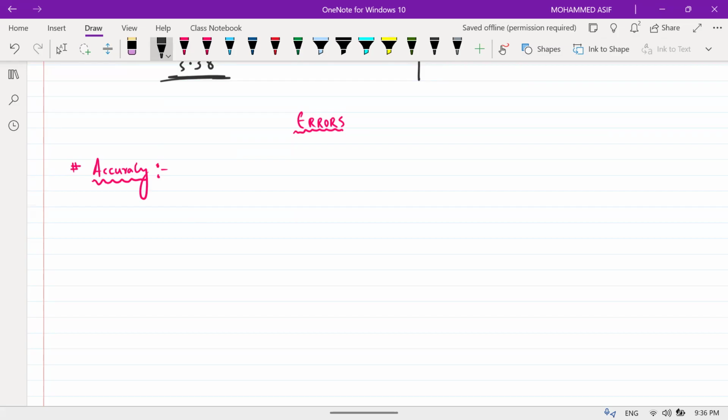That means when you measure a quantity, how near the value we got is to the exact true value. Like say for example, for me the value is around 5 centimeters.